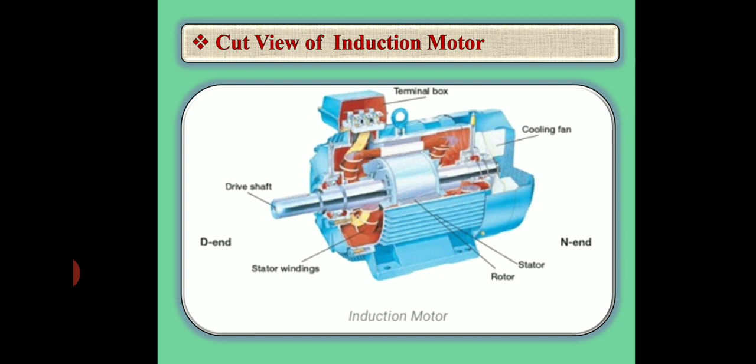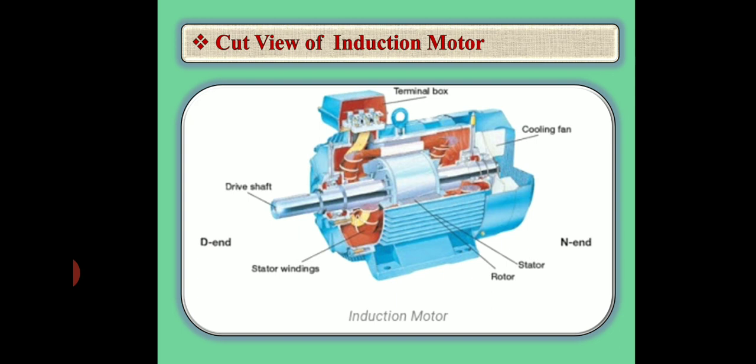The first one is the driving end and the second one is the non-driving end. Also, we can see the two major parts, stator and rotor. The rotor is the rotating part of the induction motor and is mounted on the driving shaft. The stator winding is provided in the stator slots.